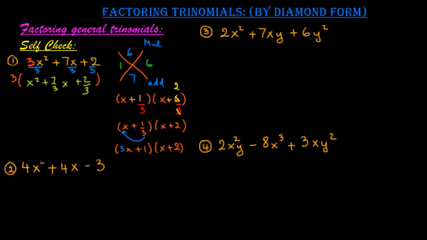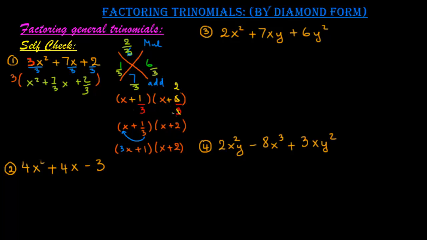Okay, so my diamond form will change a little bit. Instead of 6 right here, now it will be 2/3, and every term will be divided by 3. As you see, we still have 7/3 and 2/3. The pair is unchanged, it's just in fraction form: 1/3 and 6/3.